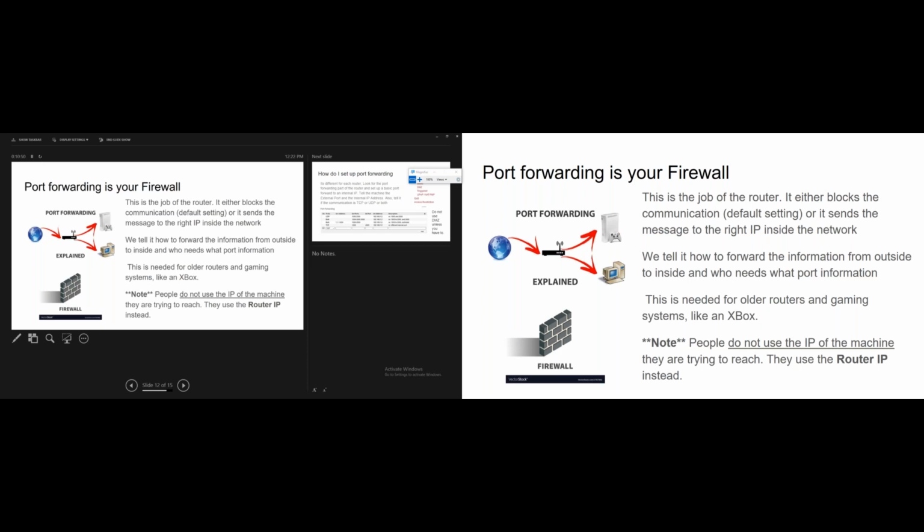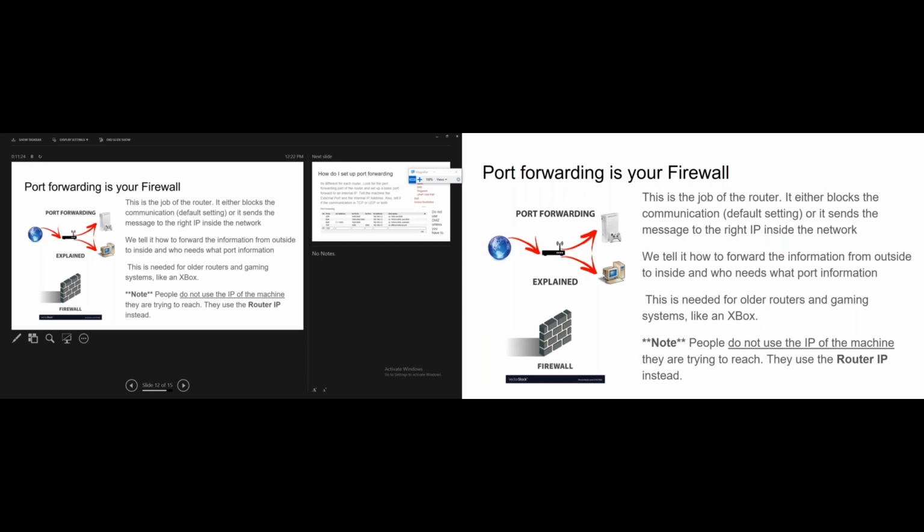But I told the router, whenever voice traffic for a certain port, and I can't remember what it is, 34, 6 something, and Microsoft puts it on their website, whenever you send traffic to that port, it's meant for the Xbox voice. So I told my router, when you see this traffic coming in, send it to this machine, and here's its IP. And then I made sure I told the Xbox, here's your IP, don't change it, right? By the way, that's exactly how you do it in the hospital.